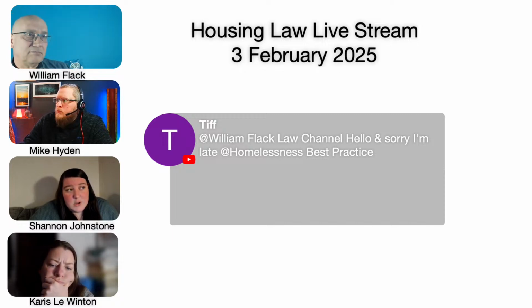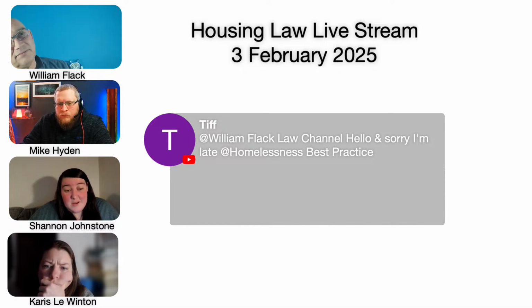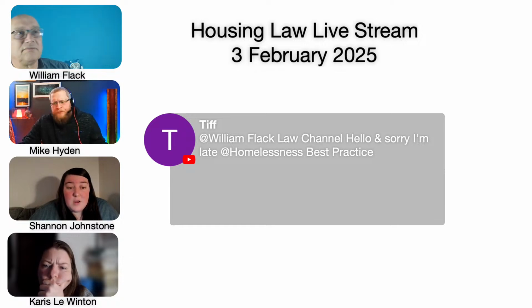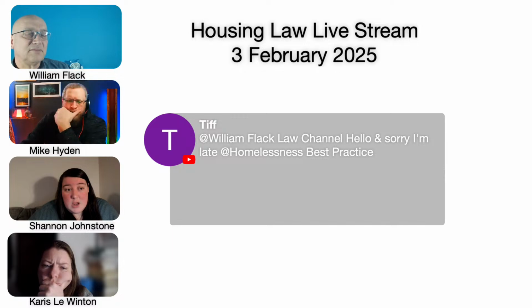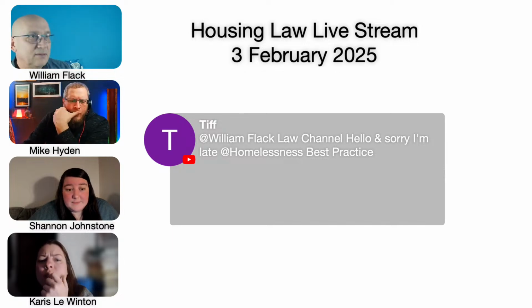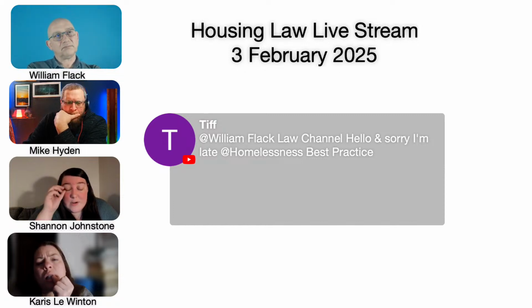But I guess you could potentially apply for a discretionary housing payment. And potentially on universal credit, you could apply for an emergency loan. There's lots of different loans and grants, crisis stuff that you can get from universal credit that you pay back slowly. Lots of different local authorities also have different discretionary pots.